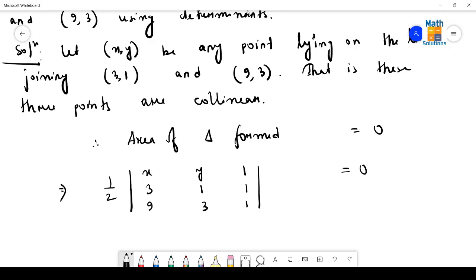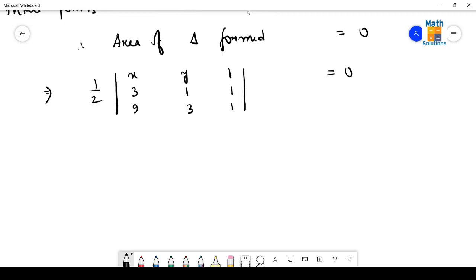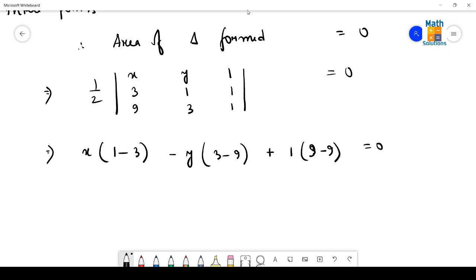When this 2 will go to the other side, the result will become, after expansion, x into 1 minus 3, minus y into 3 minus 9, then plus 1, 3 into 3 it is 9, minus 9, the result becomes 0.